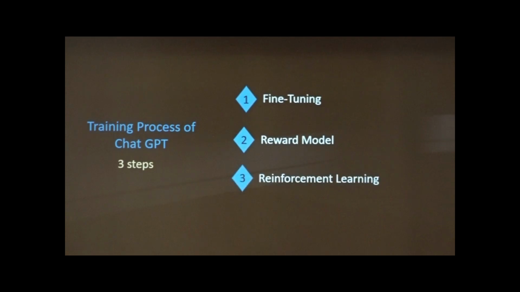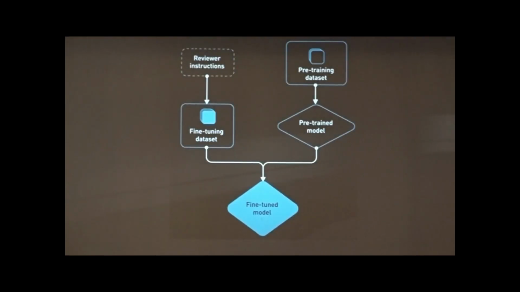The training process of ChatGPT, if you see, includes 3 steps. What are those 3 steps? Fine tuning, reward modeling and reinforcement learning. Okay. What are these 3? Let us have a look at this one.